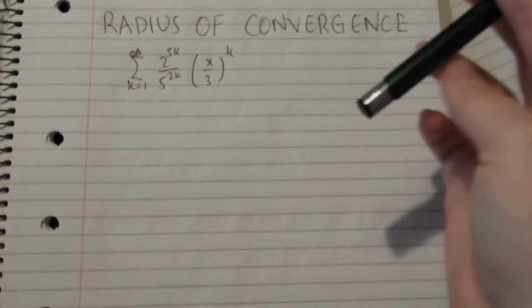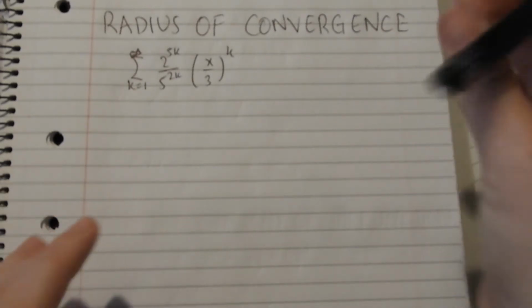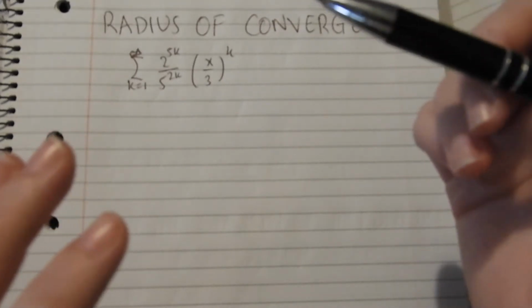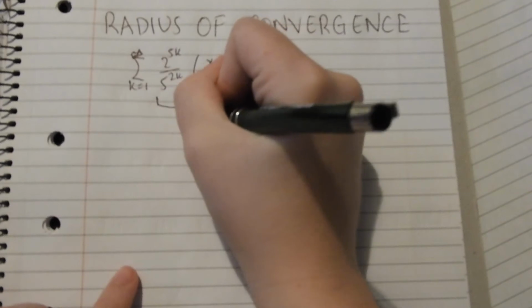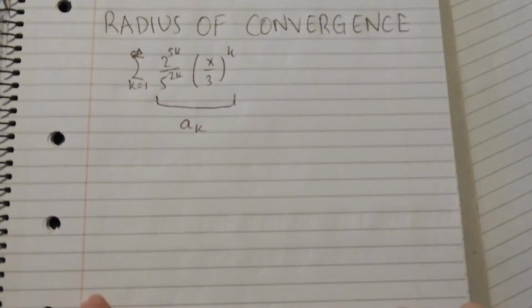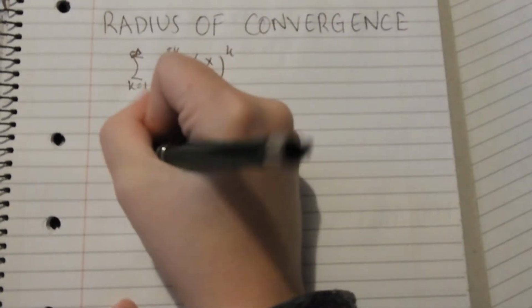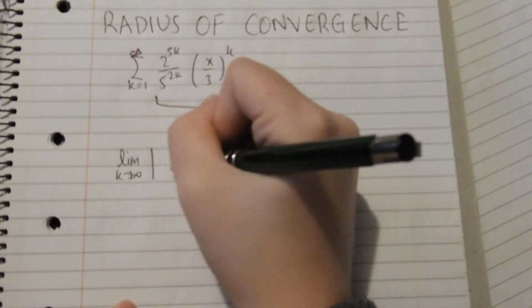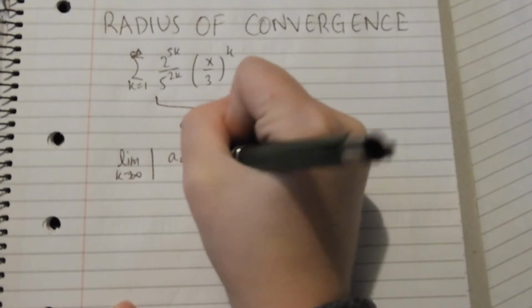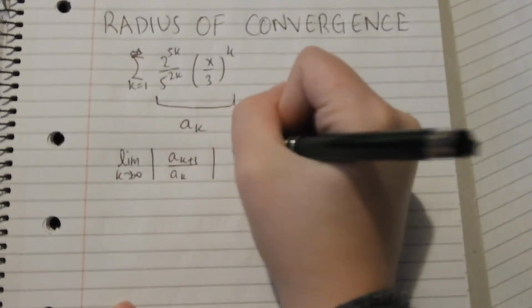So we need to take the limit as k tends to infinity of this, let's call this a_k. What we need to do is take the limit as k tends to infinity of the absolute value of a_(k+1) on a_k, less than 1.